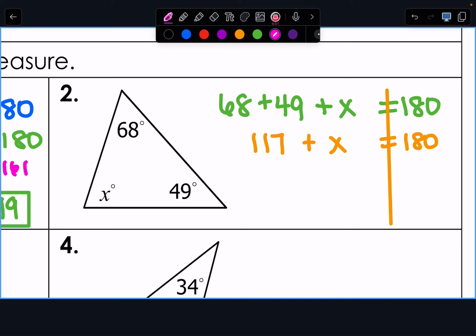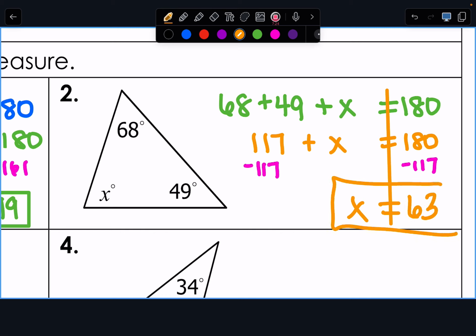So when we subtract 117 over, what's left to be x? Do you have it already? People are feeling shy, but I'm seeing people write down 63.